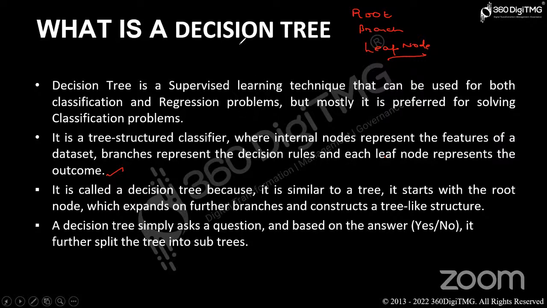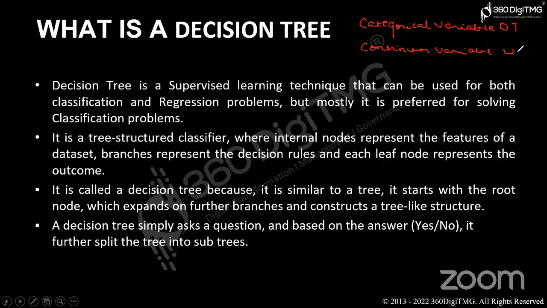There are various types of decision trees. We actually have two types: one is the categorical variable decision tree, and one is the continuous variable decision tree.